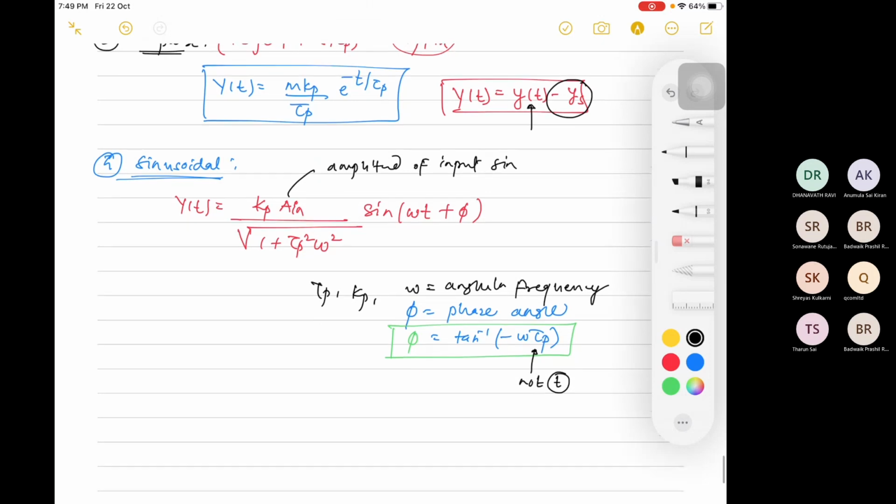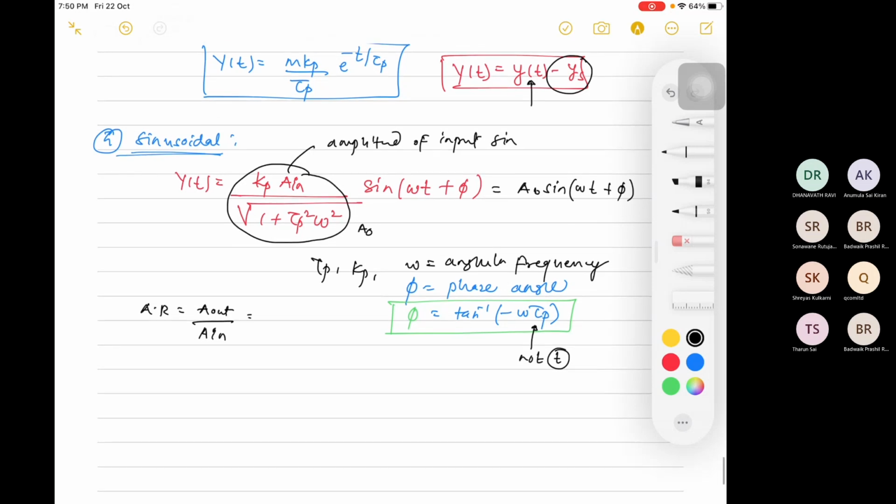Okay. So what is amplitude ratio? Tell me what is amplitude ratio? It is the amplitude of the output sine wave divided by A in. Okay. What is the amplitude of output? This is called A out. So can I write A out sine omega t plus phi?